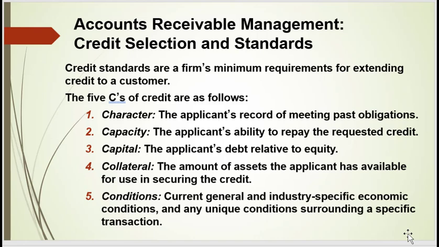There's what is referred to as the 5 C's. Character: how has the customer been doing with meeting their past obligations? Capacity: what is their ability to pay? Capital: what is their debt relative to equity?